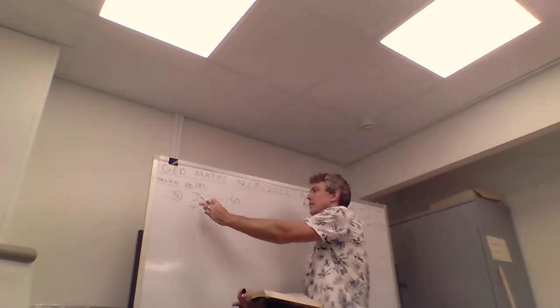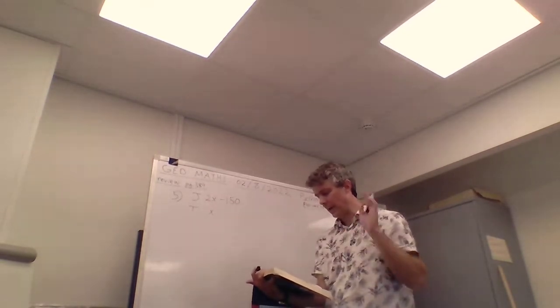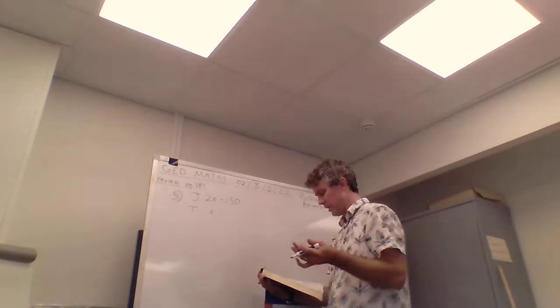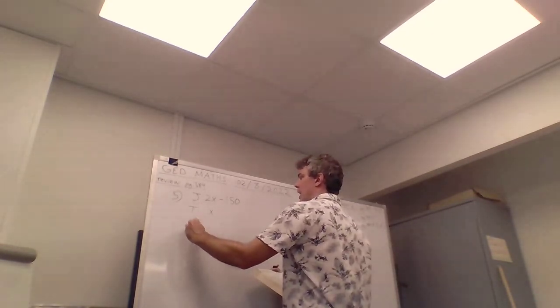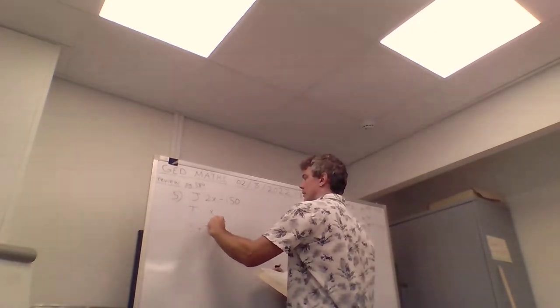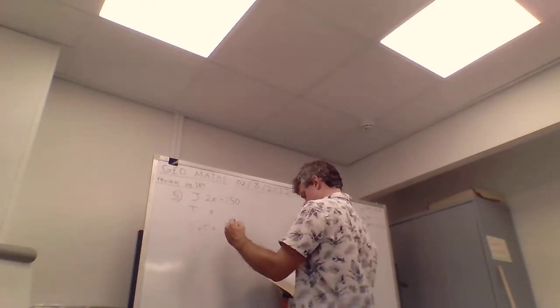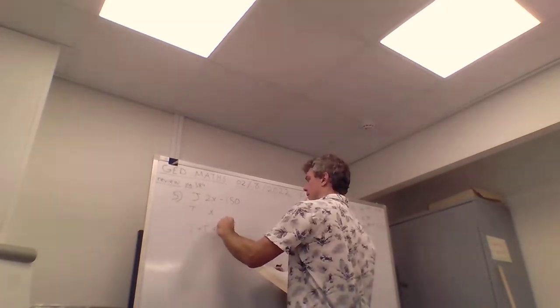So here we have Jan and Tom, and together they earn 1380. So J plus T equals 1380.